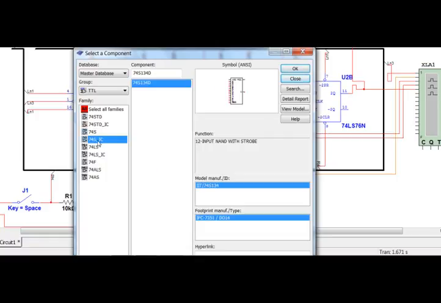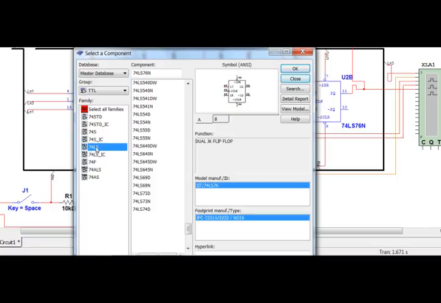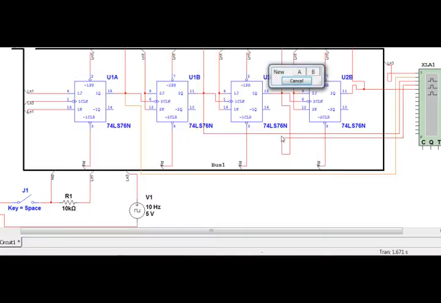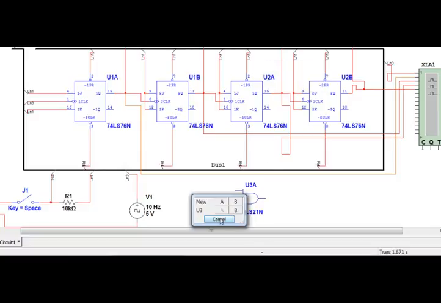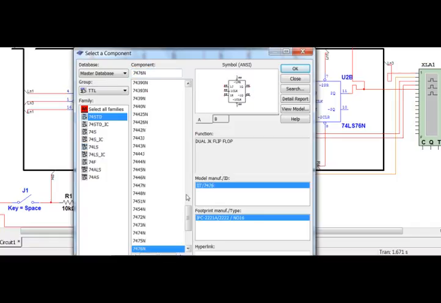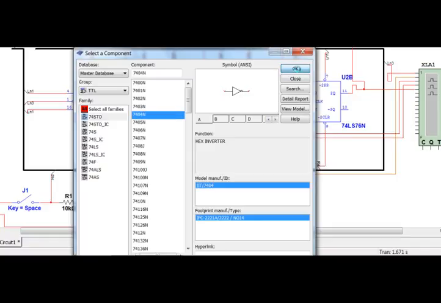There's a 7421. But we want it to be a naught, so we'll put a 7404 next to it.